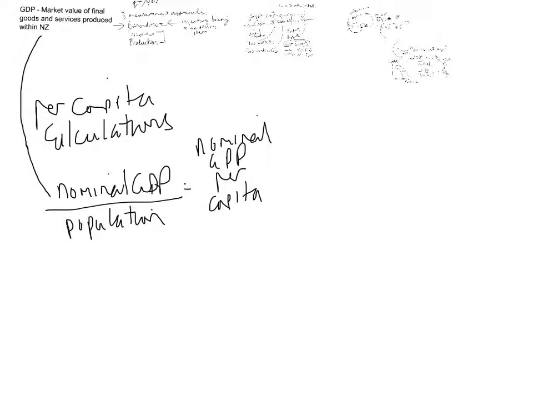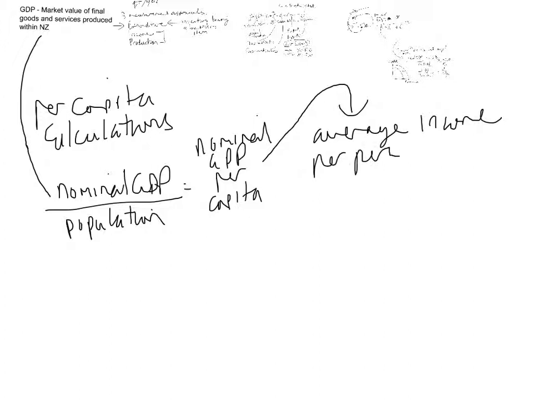Now how can I think about this? You can think about it as being the average. That represents the average income per person in New Zealand. That's on paper.